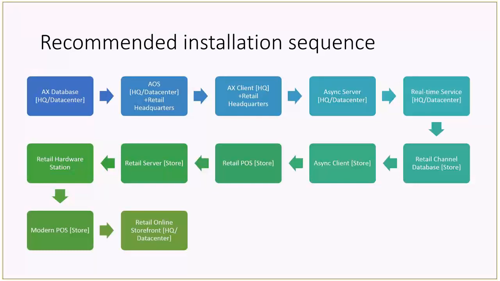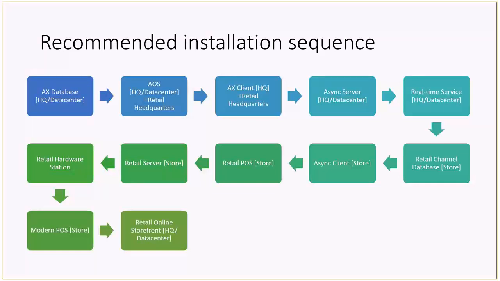We can do a quick recap. Start with your AX database on the HQ side, then move on to your AOS, and once you install your AOS, you also install the retail headquarter component. After that, you install your AX client, and then you install your retail headquarter component.